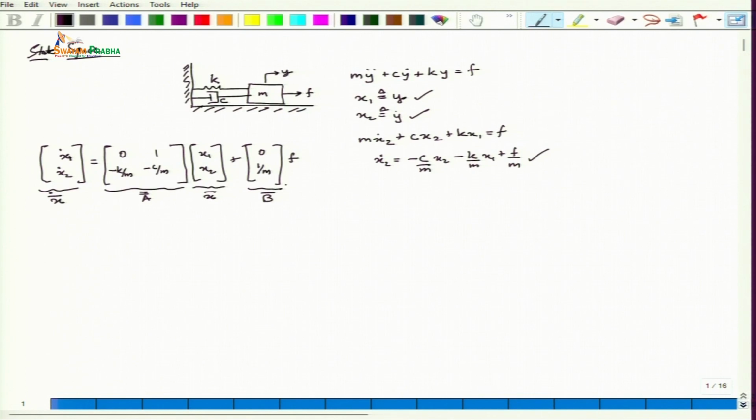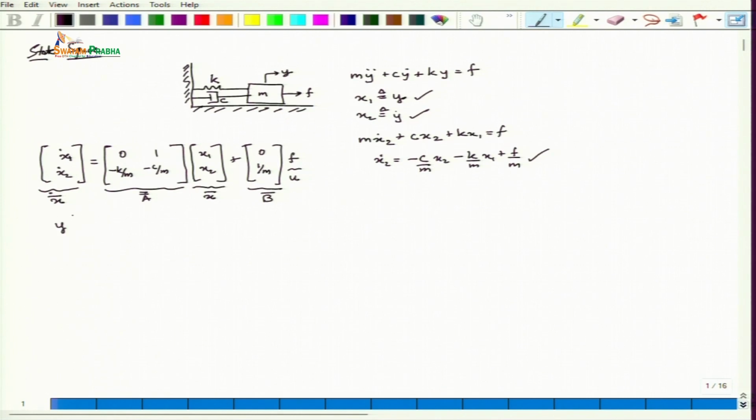Since we are just considering single input single output systems, it is just a vector, and this is U, which is the control input. Now this is the state equation. So we had a second order differential equation which we have converted into two first order differential equations.